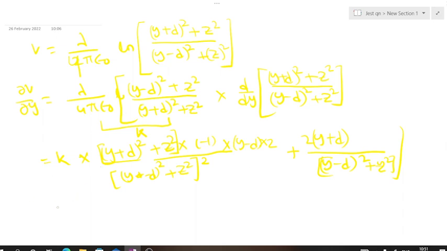Put the value of k, that will cancel k, then put y equal to 0.